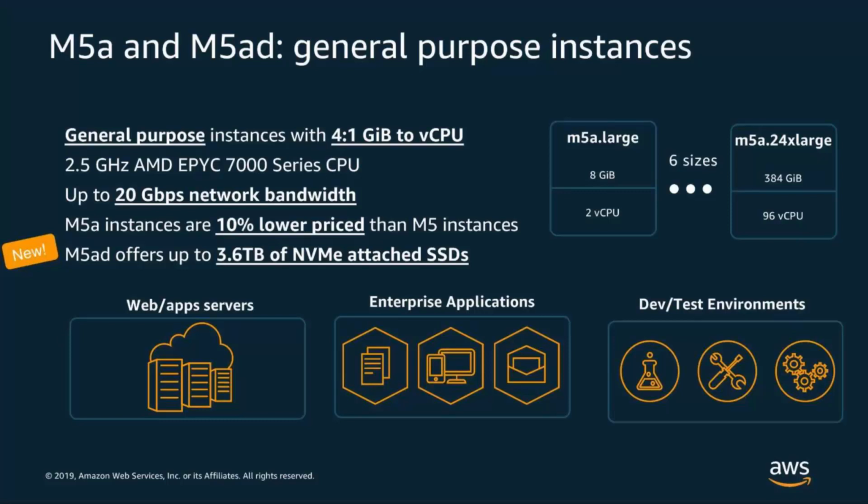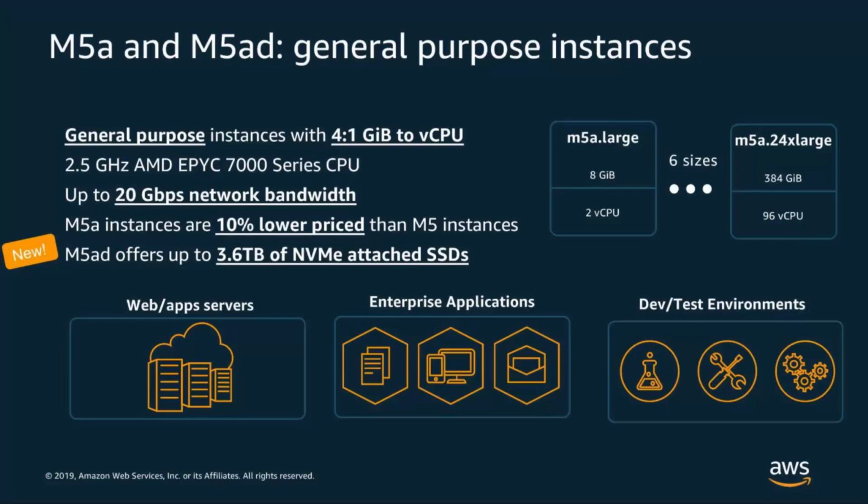We recently announced back in March of 2019 that these also offer up to 3.6 terabytes of NVMe attached SSDs. So for use cases where you need local storage for very low latency or very high performance storage for data logging or scratch space, that's now an additional option, as denoted by the D, which stands for disk.